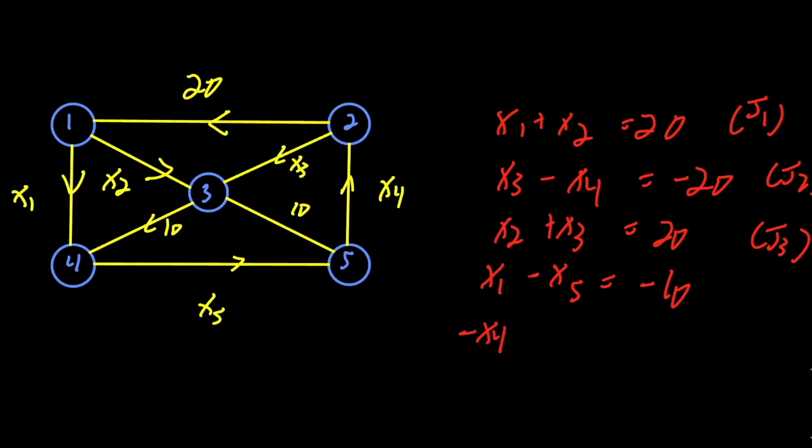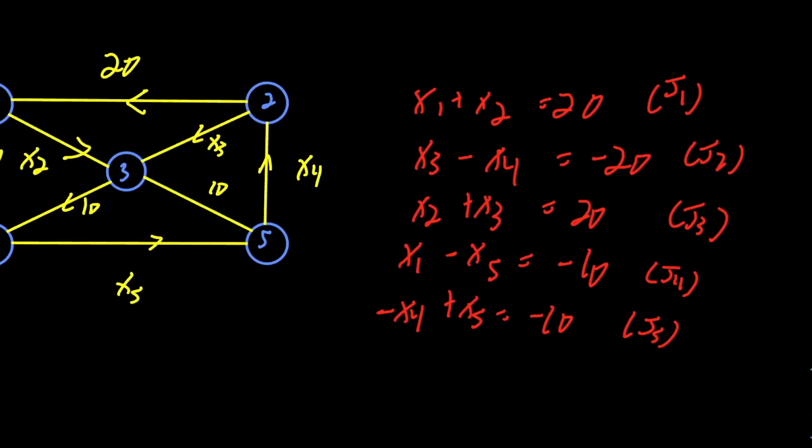So therefore, negative x4 plus x5 equals negative 10, and these are our 5 junctions, and each of the network's 5 junctions gives rise to a linear equation as shown here.